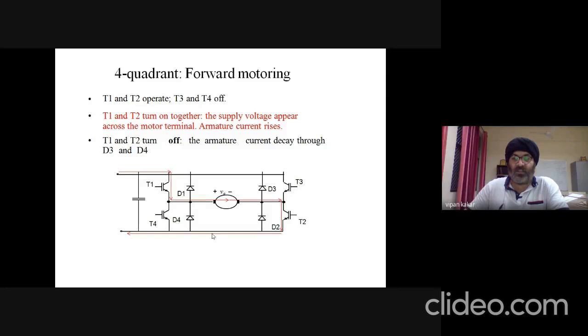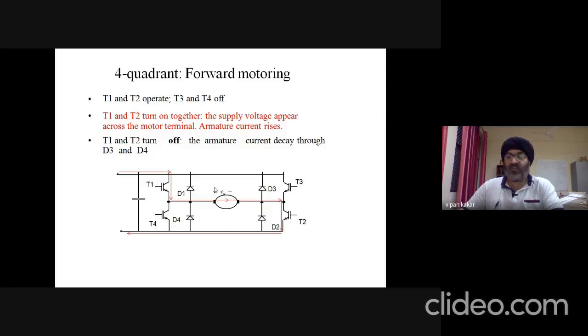So in this case, the forward motoring mode, the armature current will ramp up, just like an inductive coil current ramping up. And here we have an inductance inside the motor.